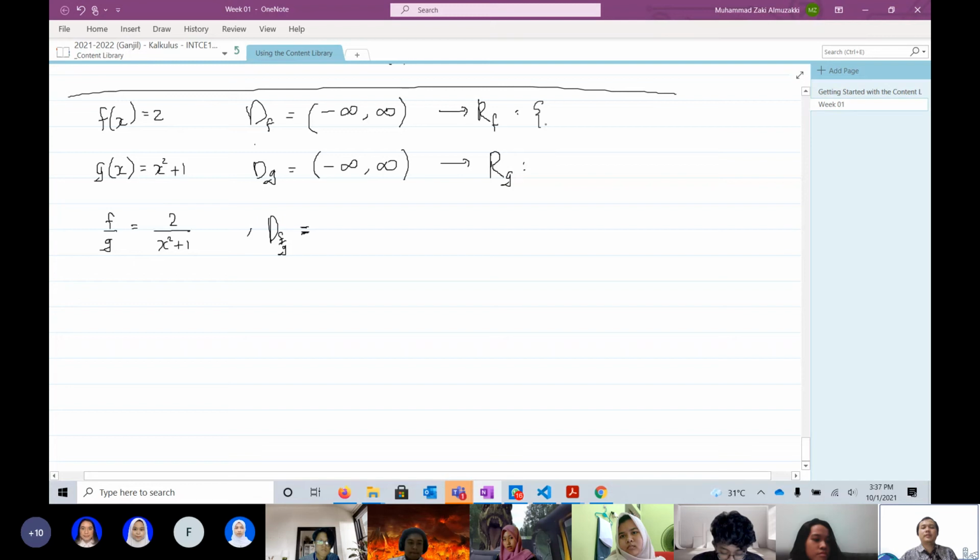So the range of f is 2. What is the range of g? Let me give you a hint. Here, from something to positive infinity, what is the value of this missing part?